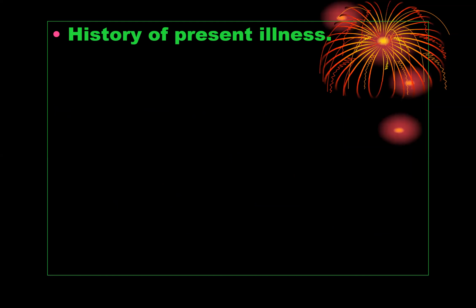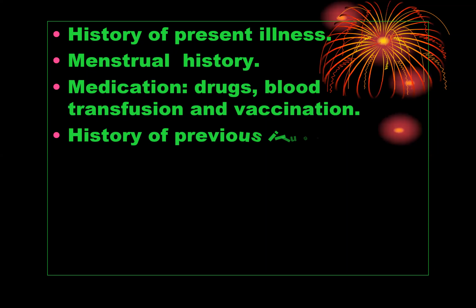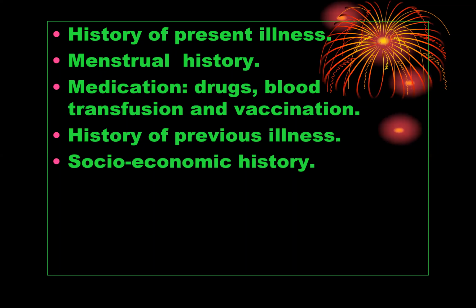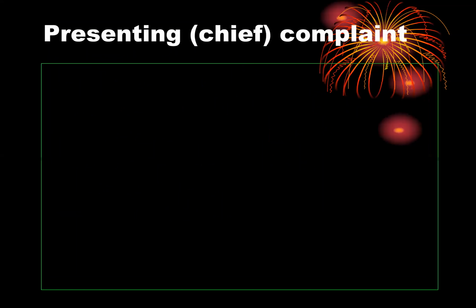History of present illness, menstrual history, medication, drugs, blood transfusion, and vaccination, history of previous illness, socio-economic history, family history, personal history. So all these should be covered during history taking.